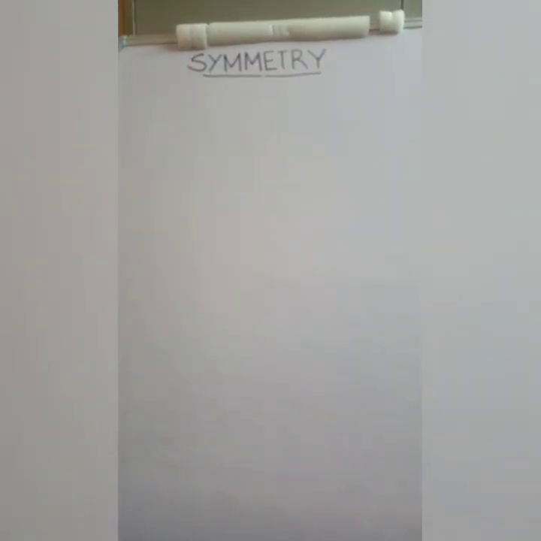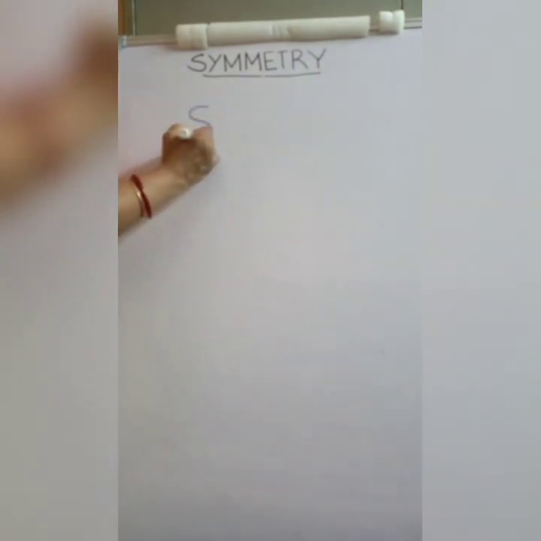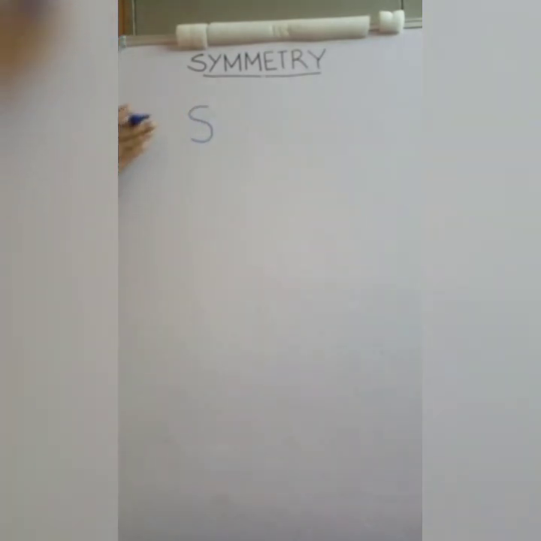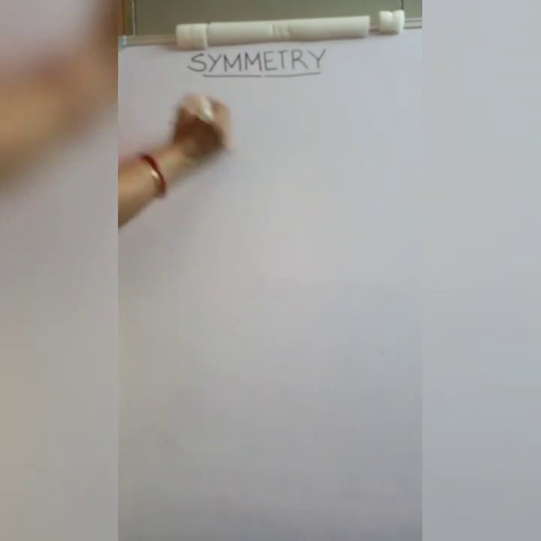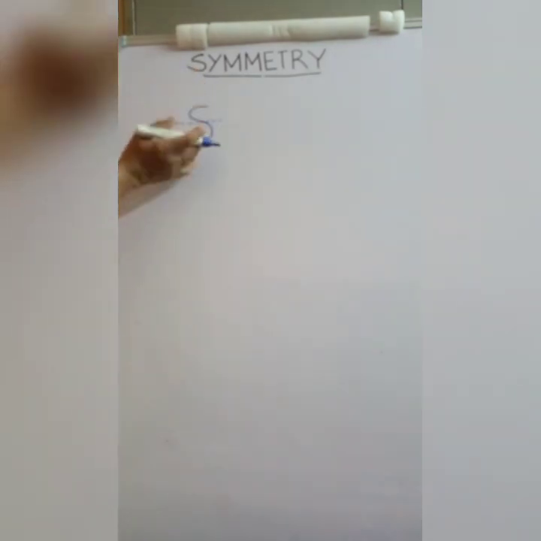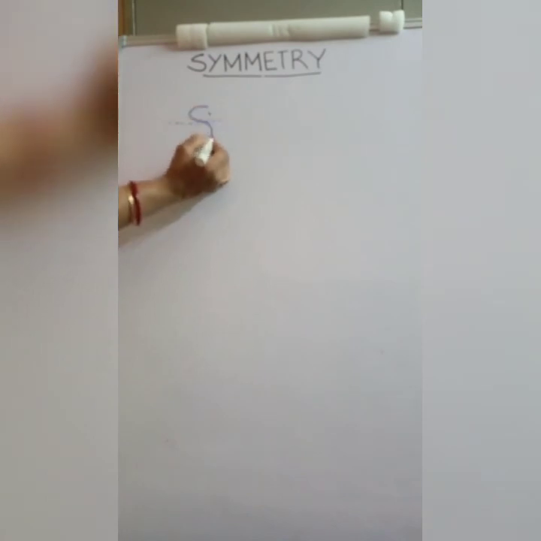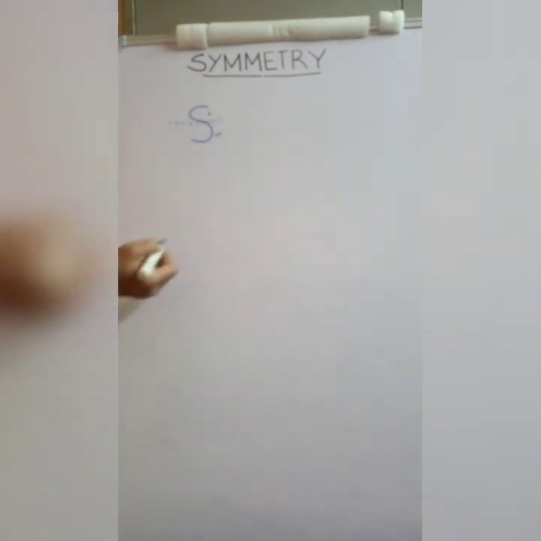Children, for some alphabets or some drawings, we tend to think that there is a line of symmetry, but actually there is none. For example, many of us make a mistake of thinking that S has a line of symmetry. But just try to draw a line over here and fold it. You will see this open part comes and overlaps with the closed part.